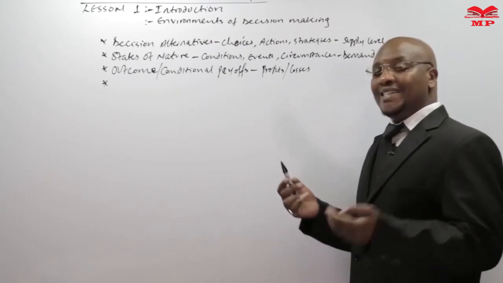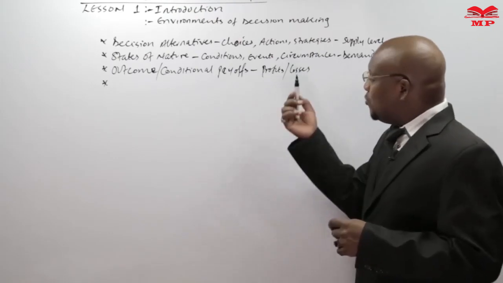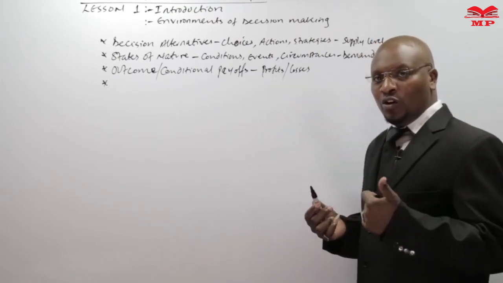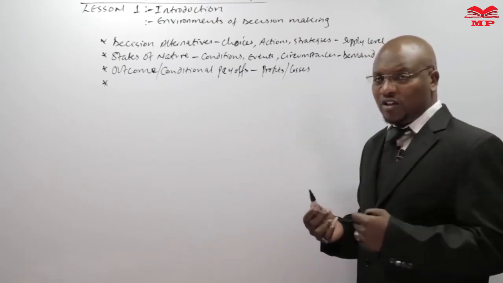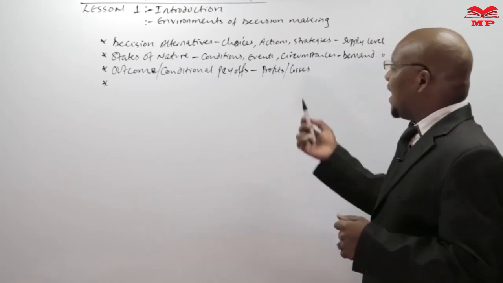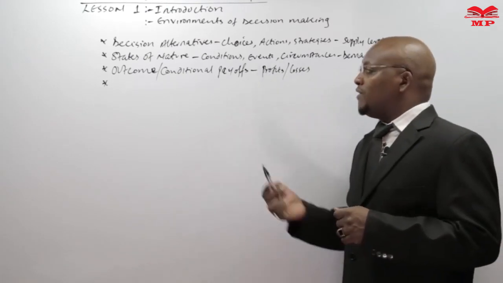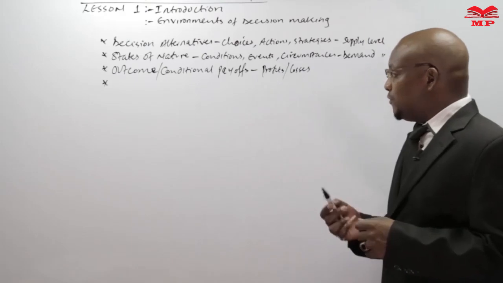If the production is less than the demand and you're having a shortage, of course there's an outcome. That outcome, which in most cases is profit or losses or income or cost, is what we call the conditional payoffs. They are the ones we normally use to make decisions, and therefore we require to be very categorical concerning these payoffs.